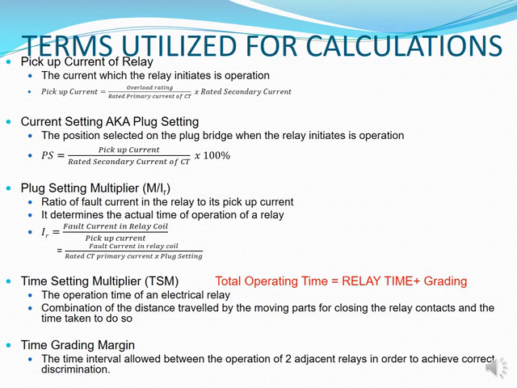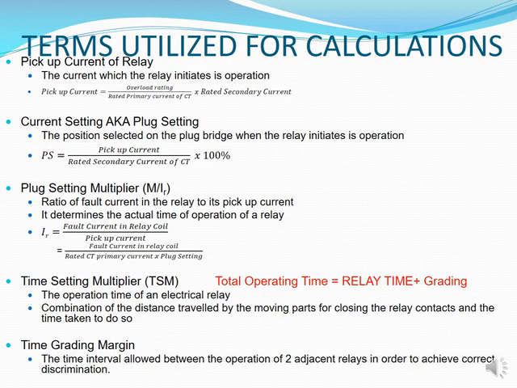Okay, then we go on and we look at our time setting multiplier, which is our TSM. And this is our operation time of our electrical relay, and the combination of the distance traveled by the moving parts of that closing for the relay contacts.